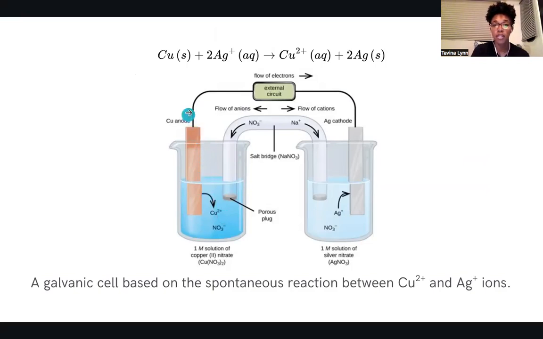Those electrons will flow through the electrode, through this external circuit to our cathode. Our cathode is silver in this case. So we have this solution of silver nitrate where our silver plus ions are being reduced to solid silver on this cathode once the electrons flow through.